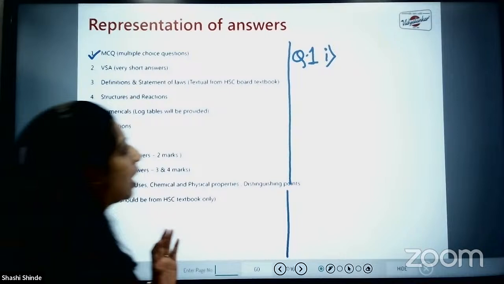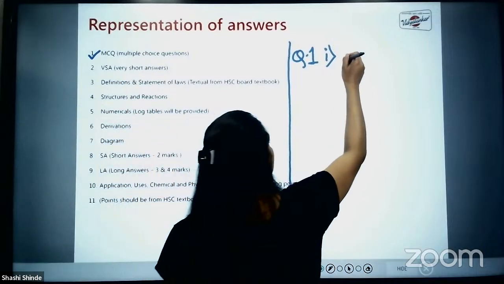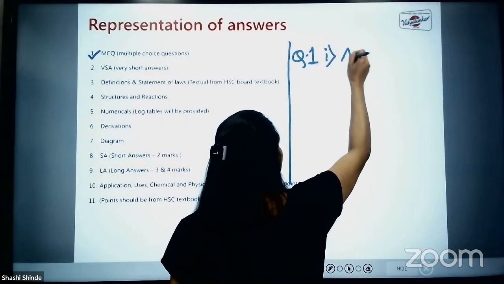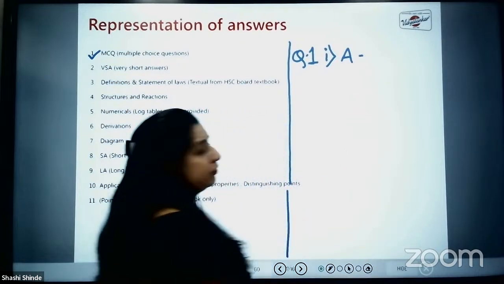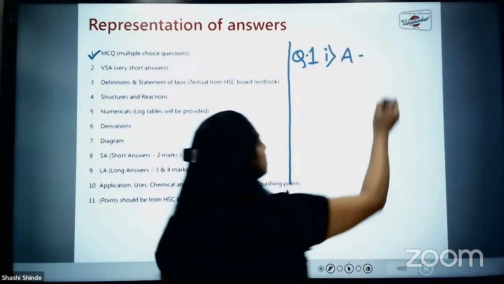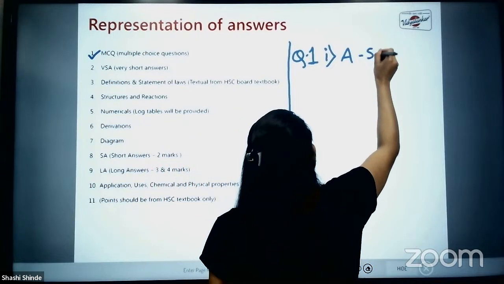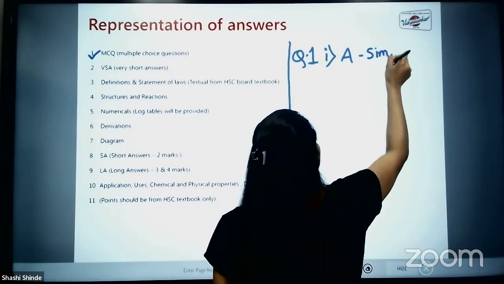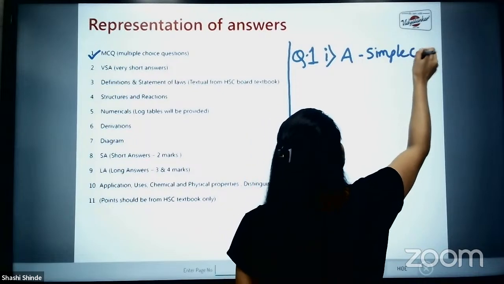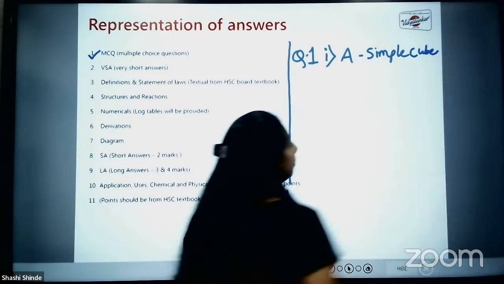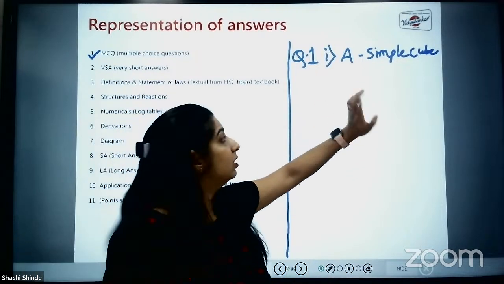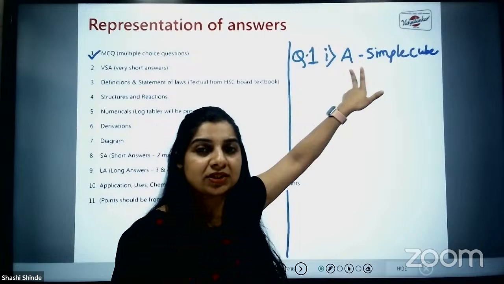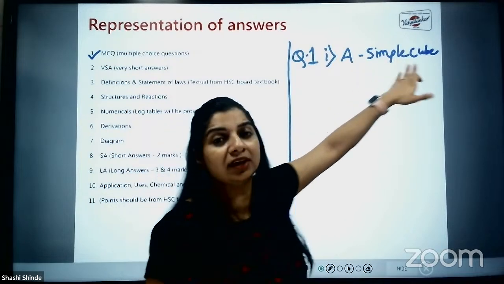Then if your answer is say option A, then you have to write option A. If your answer for option A is say simple cube, then you have to write the answer also as simple cube, because the question itself is asked as: select the proper answer, select and write the correct answer.